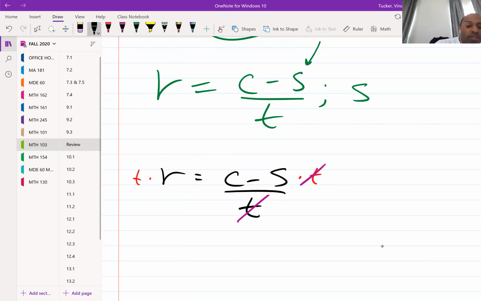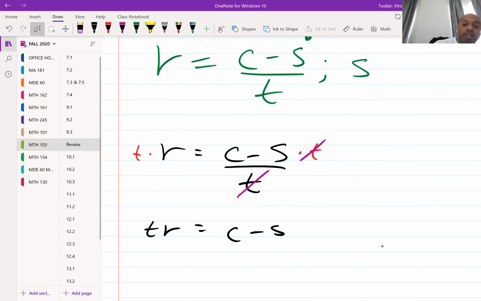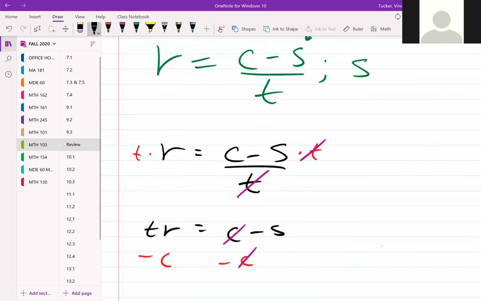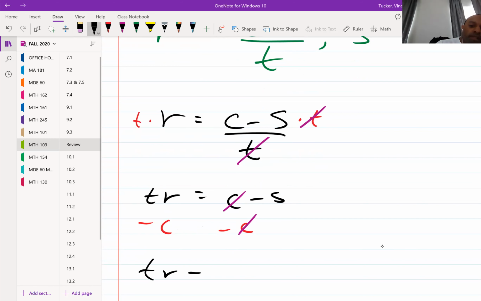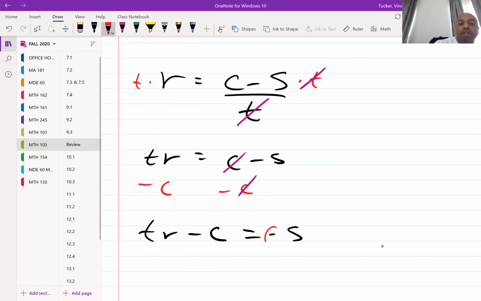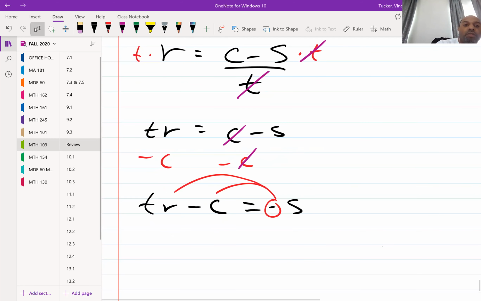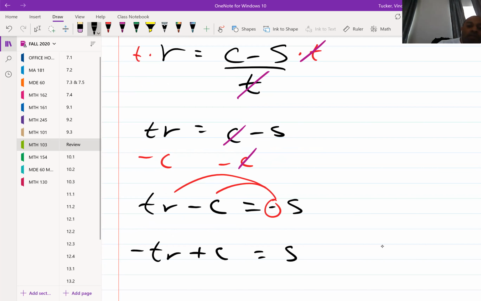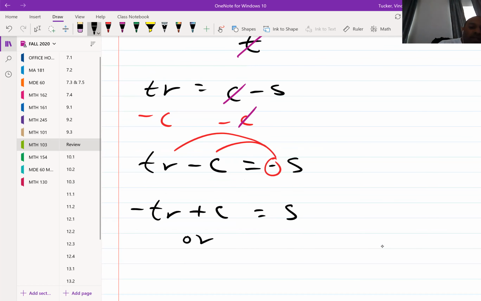Now I have RT or TR, same thing, equals C minus S. Still trying to get S by itself, so I'm going to subtract C. So that's TR minus C equal to negative S. Now this negative needs to come off of the S. So when I take it over here, it has to be applied to both terms over there. So that means I have S equals negative TR plus C, or you can write it as C minus TR.